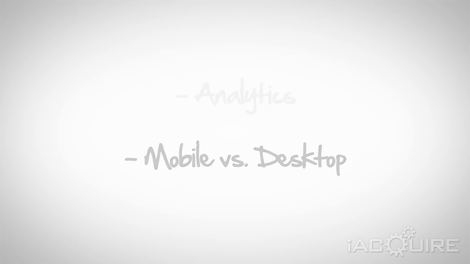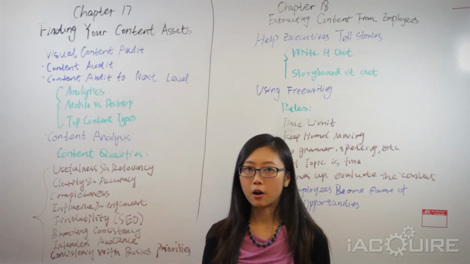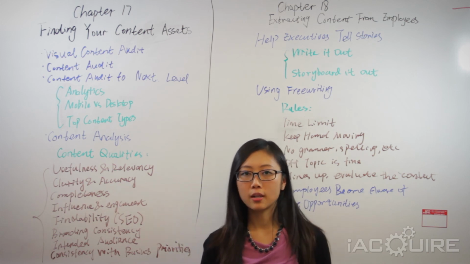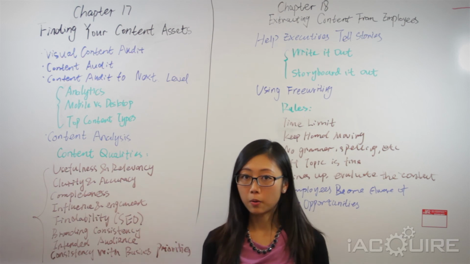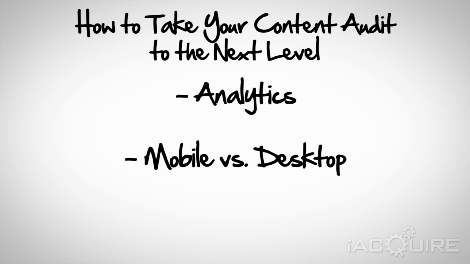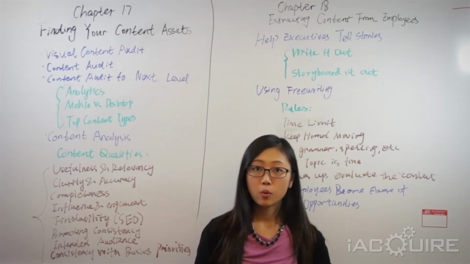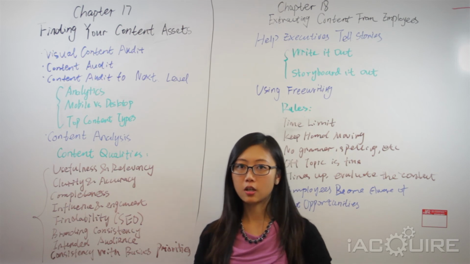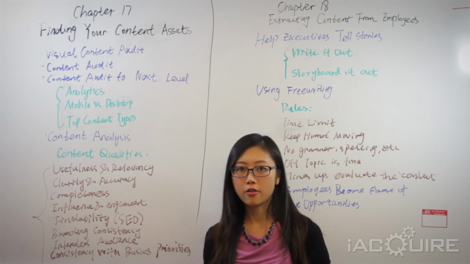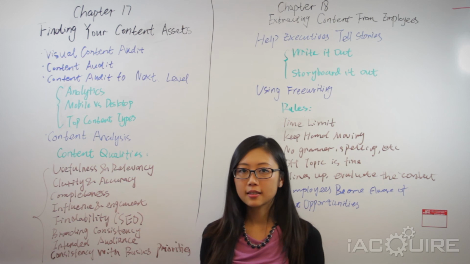People consume different content on desktop and mobile, so you will figure out which content is more consumable on desktop and which is more popular on mobile. And then you should figure out the top content types, like PDFs or PowerPoint presentations or videos, and focus on those, getting more page views, more clicks and links.